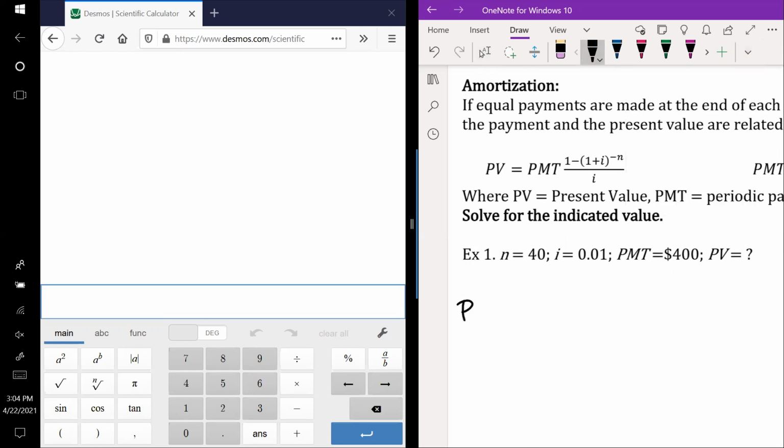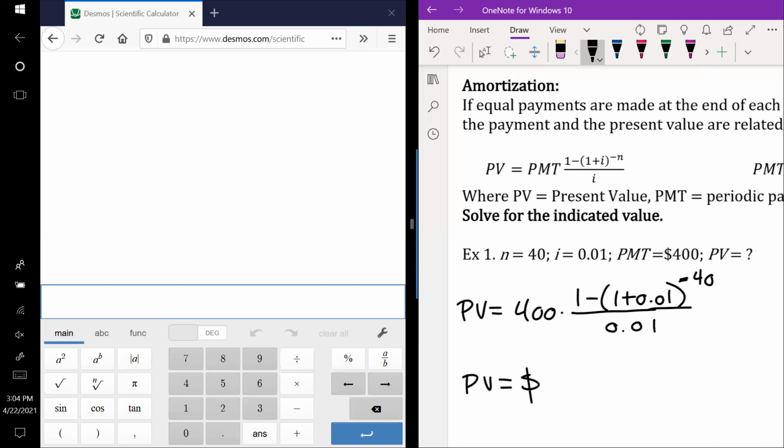So we'll get PV equals our payment of 400 times 1 minus parentheses 1 plus I, which is 0.01, raised to the negative n, which is 40, all over our value of I, 0.01. Okay, so we plug in the pieces, and now all we do is calculate.